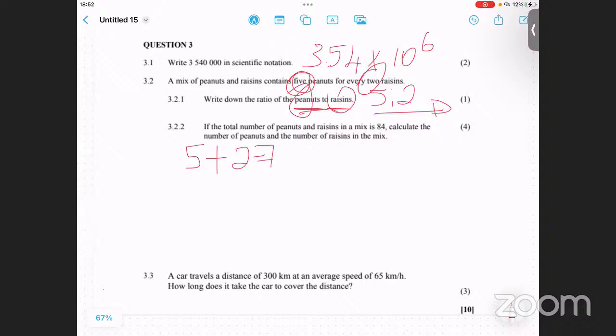What is the total number of raisins and peanuts? If we have a bag that contains 5 peanuts and 2 raisins, how many peanuts and raisins do we have in a bag?